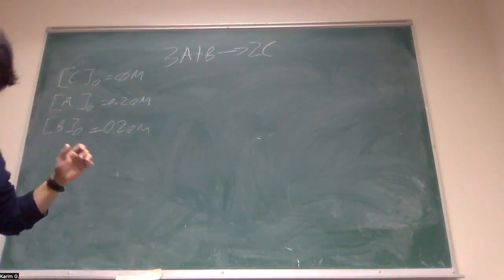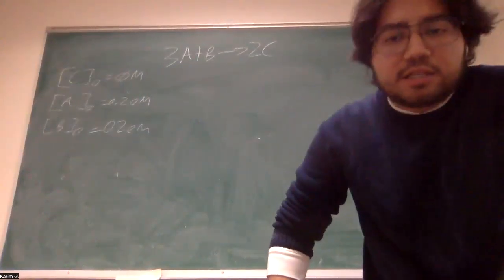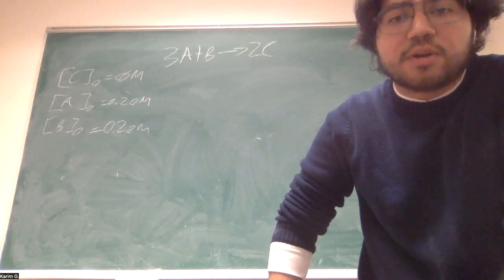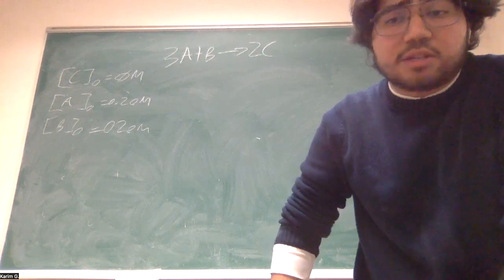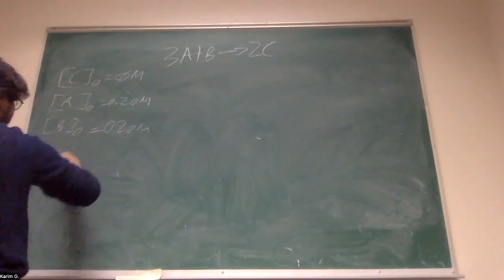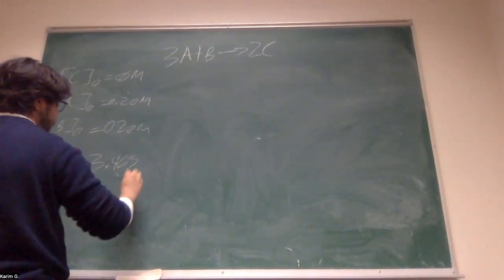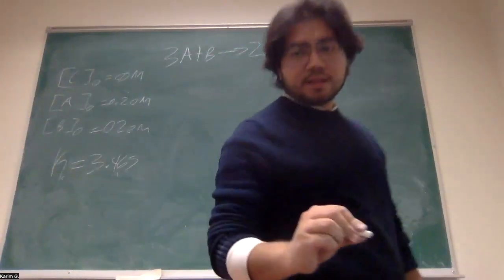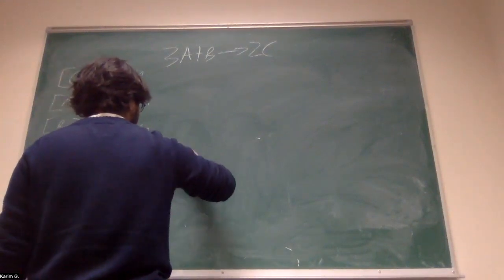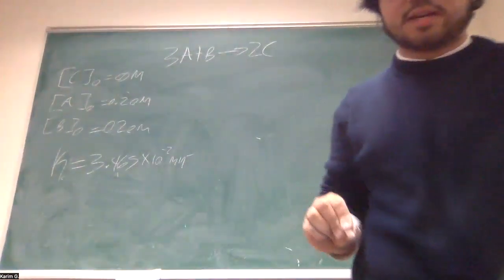The reaction is first order in A and zeroth order in B. The rate constant for this first order reaction at a certain temperature is K equals 3.465 times 10 to the negative 2 per minute.